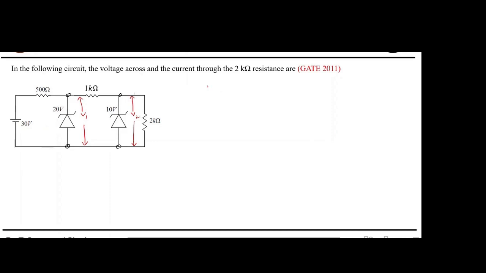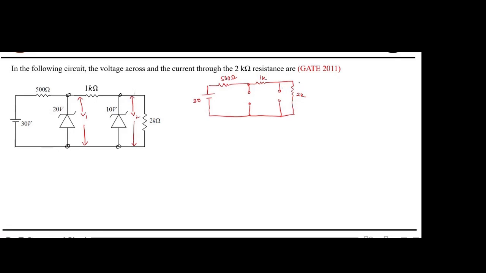I will demonstrate how. So this is an open circuit now. You have one more open circuit here. This one is 2K, this one is 1K, and this one is 500 ohm. The source is 30 volt.